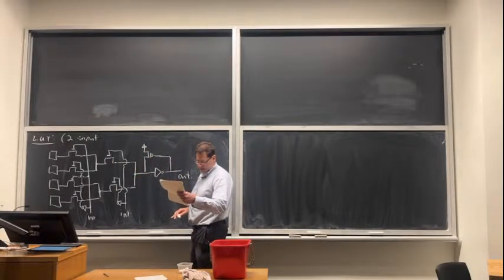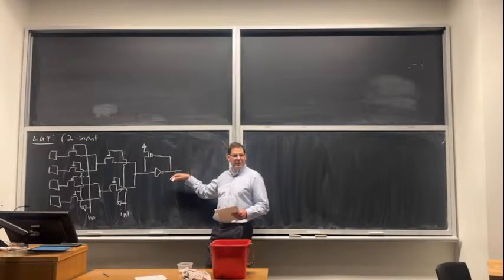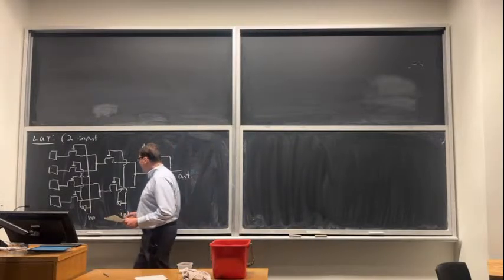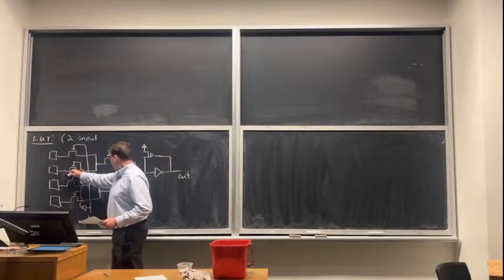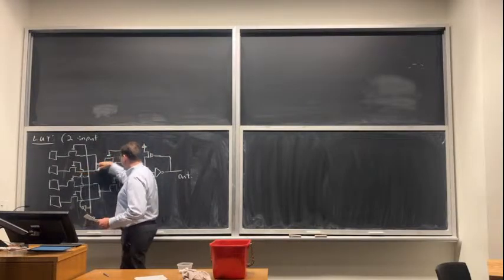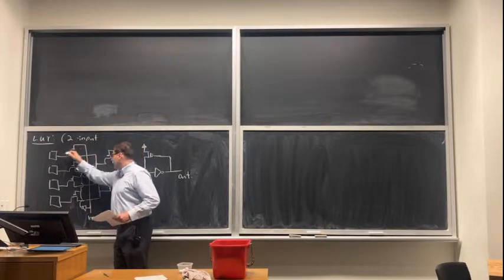Okay, don't worry about the inversion, right? I could always put another inverter out here, but I'm not going to bother. Okay, if input 0 was 0, this pass transistor is on, and if input 1 was 1, then this pass transistor is on. Data will flow through here. Okay. And this one's off, so nothing's going to come through here.